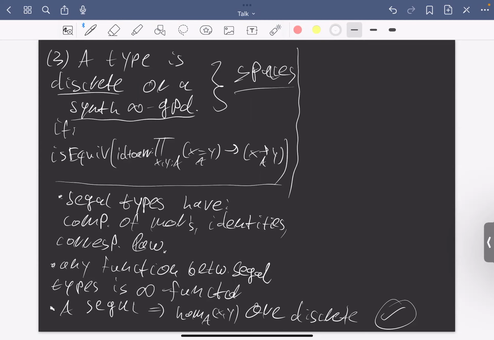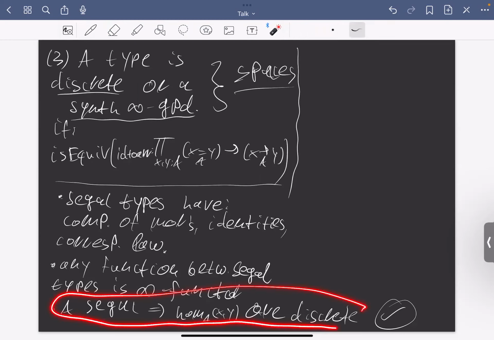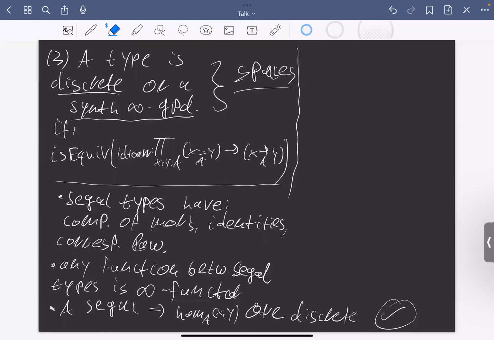And then some of those are infinity categories and some of those are spaces. So this remark or proposition tells us that yes, we can see synthetic infinity categories in that sense also as categories enriched in spaces.